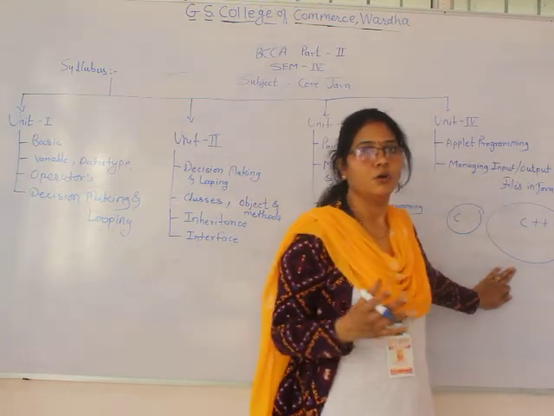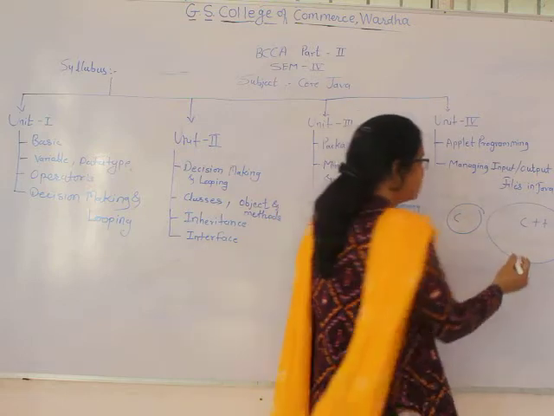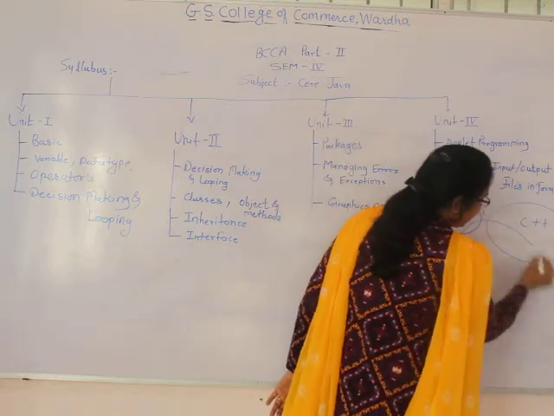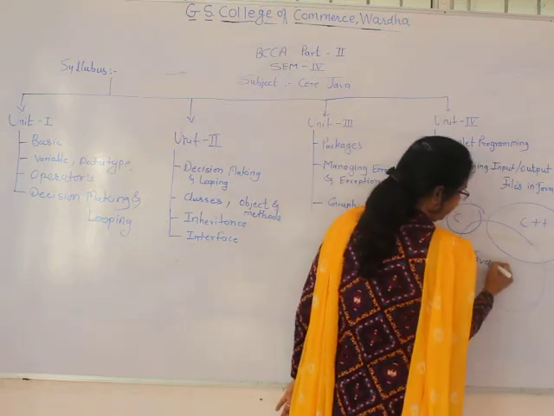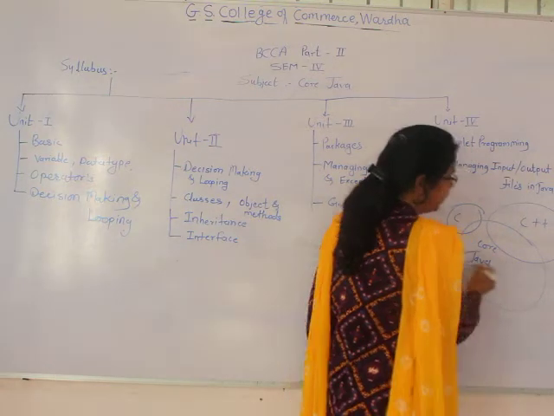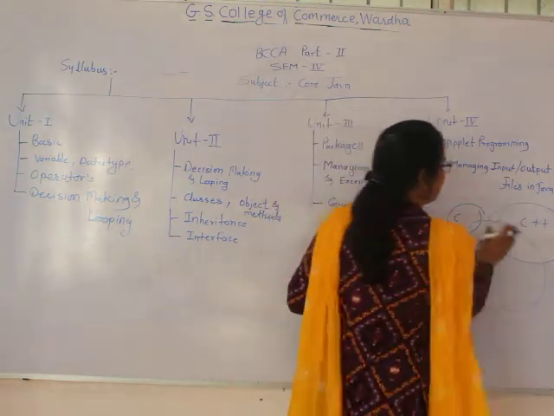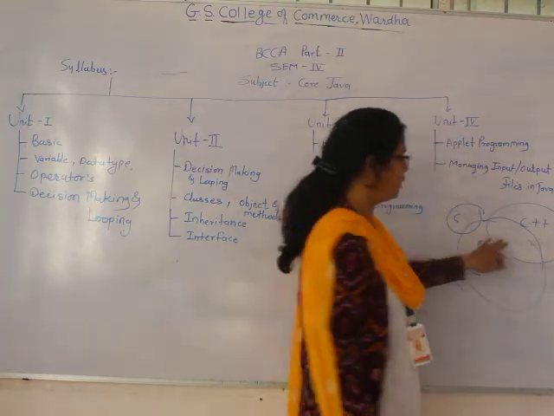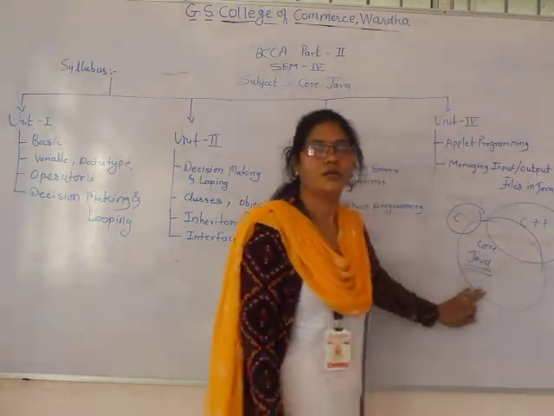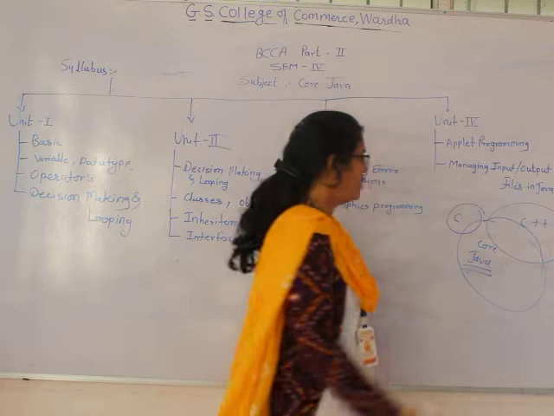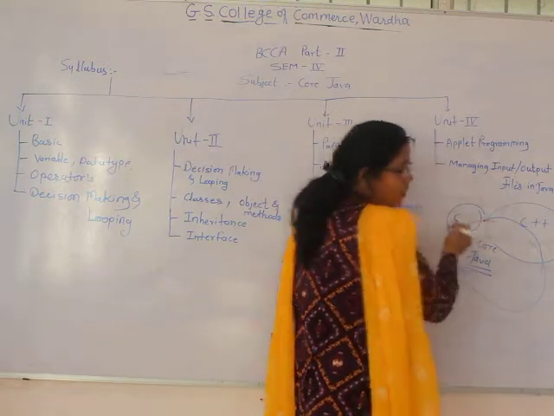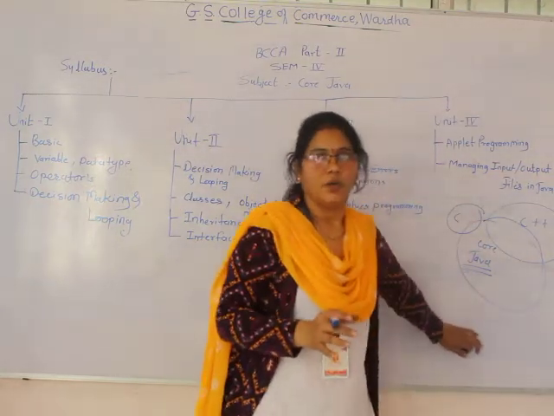and all. So from that we derived Java, Core Java. Many parts of object oriented programming are included in the Java programming language, but Java has its own concepts as well.